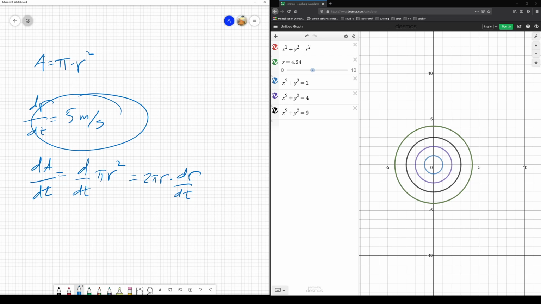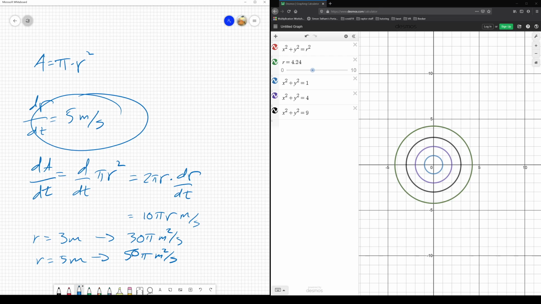Since I said dr/dt is 5 meters a second, then this is 10 pi r meters per second. So if r is 3 meters, then you get 30 pi square meters per second. And if r is 5 meters, you get 50 pi square meters per second.